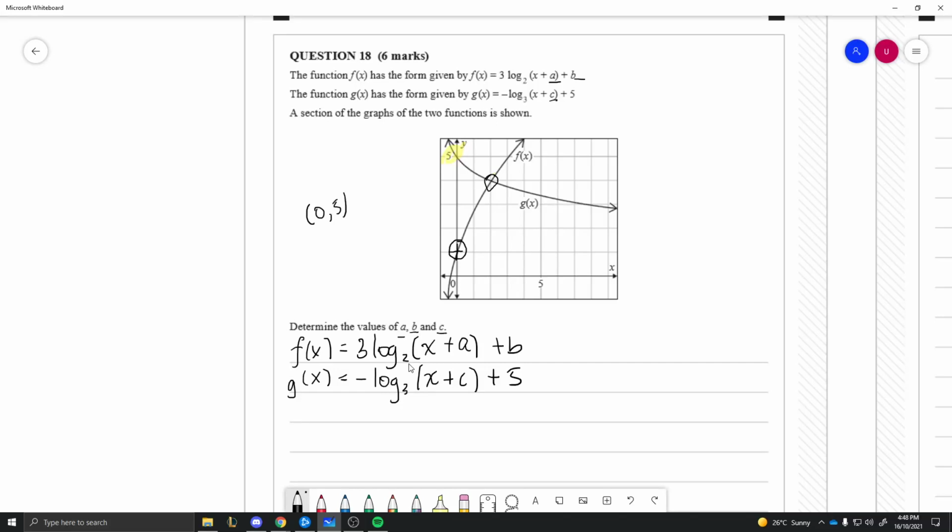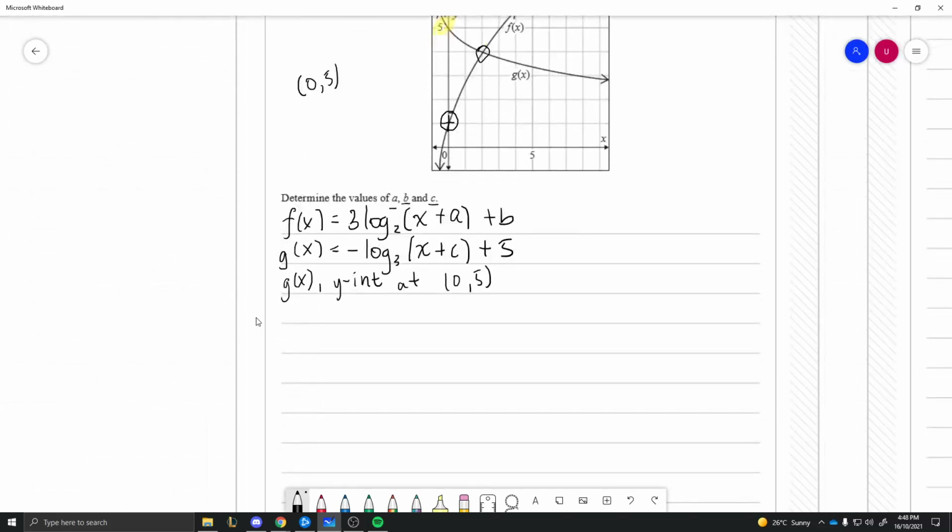So just write down here, g of x, y-intercept at (0, 5). Now that this is a valid point, so you know that the graph crosses through this, you can say that when x equals 0, it's equal to 5.